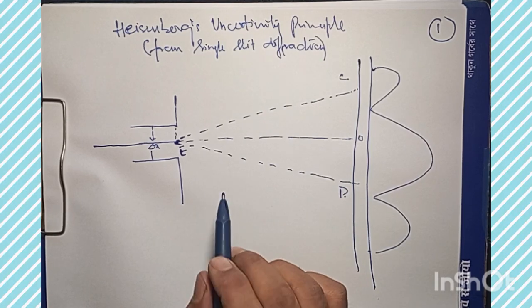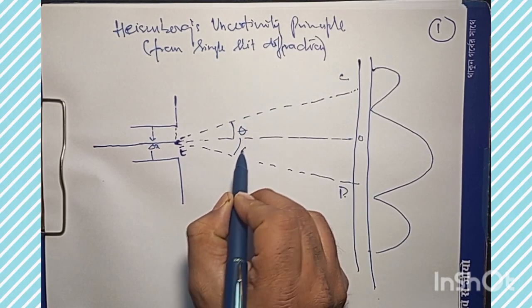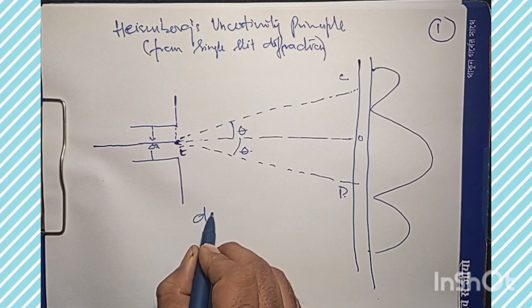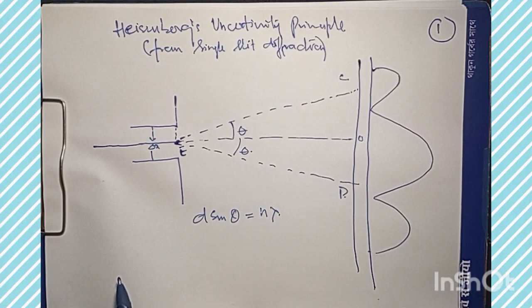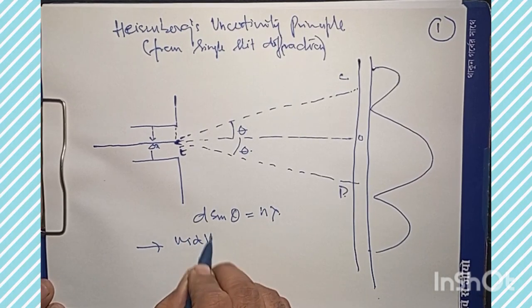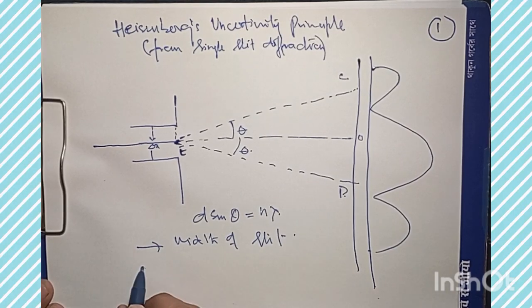And the first minima, if I assign this angle as theta, the first minimum of this diffraction pattern can be given by d sine theta equal to n lambda. Now this d is the width of the slit, and I take this width of the slit equal to the uncertainty in the measurement of position.